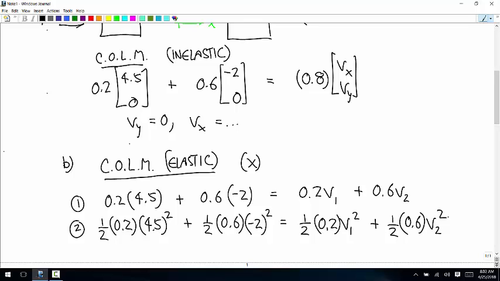Yes. So let's think about what's going to happen here. Without doing the calculations, in the inelastic case, which direction is the combined mass going to be moving after the collision?